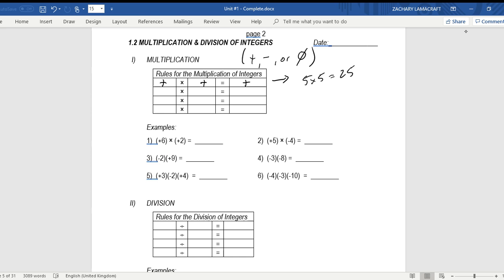Now, if I was to do a negative number times a negative number, negative 5 times negative 5, I would also get 25. So it is a positive number.